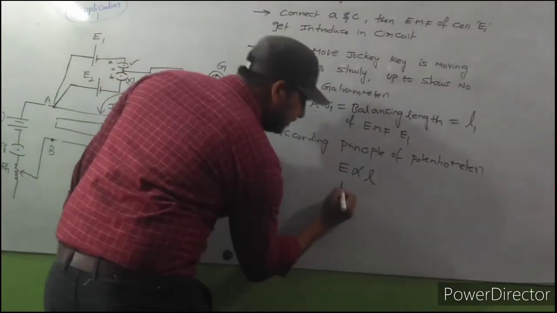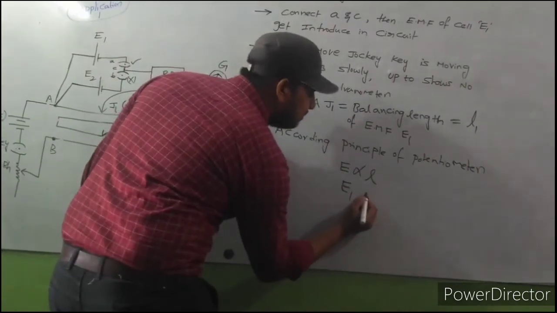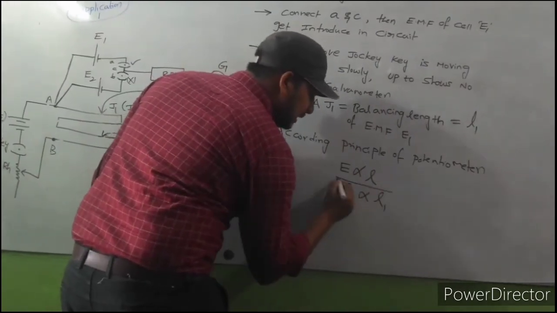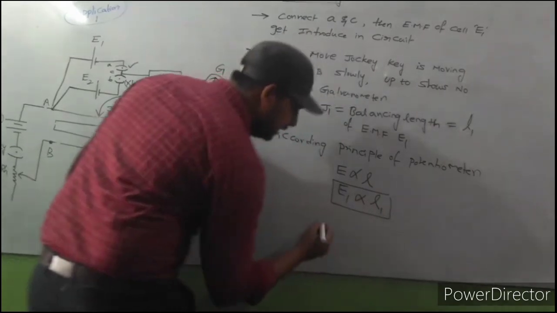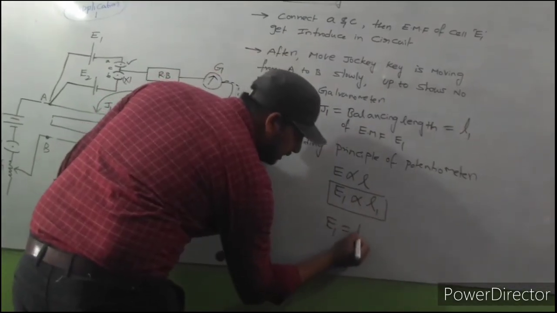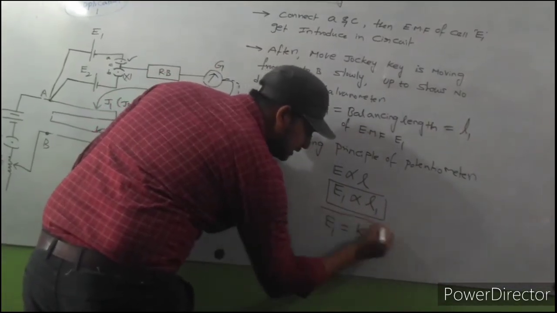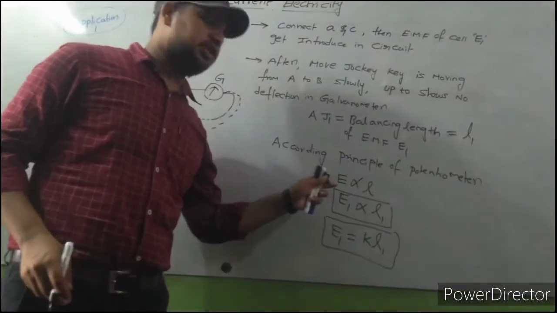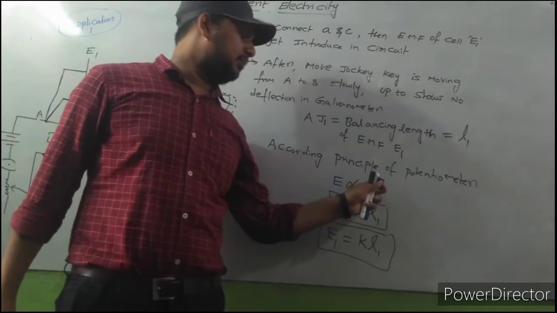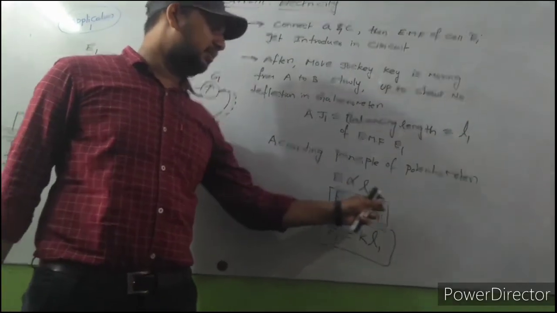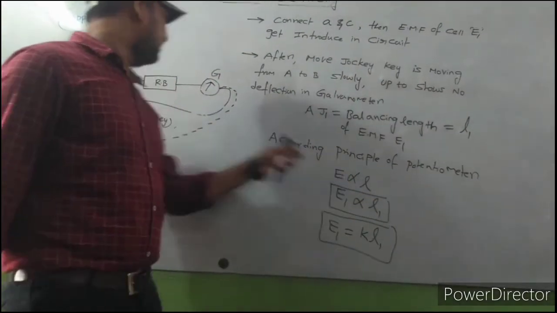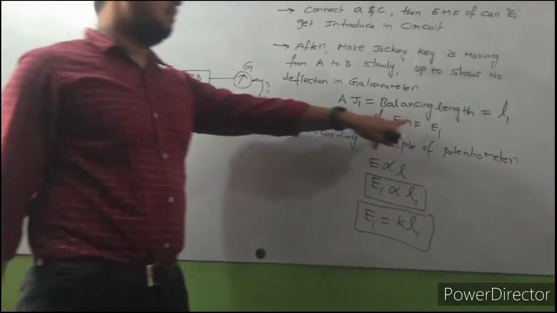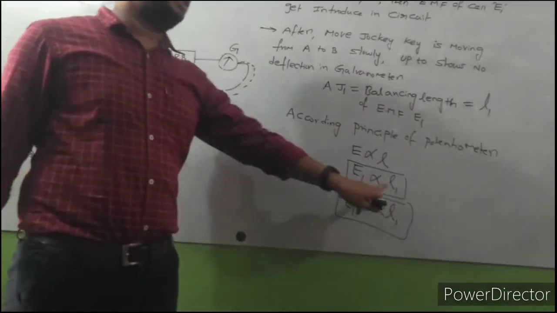That means here EMF is E1, and E1 is directly proportional to the balancing length L1, because here the EMF is E1 and the balancing length is L1.